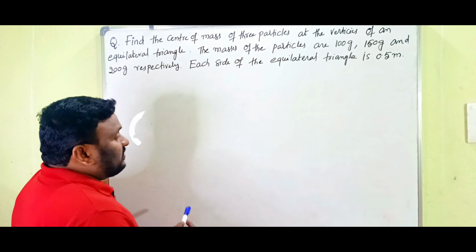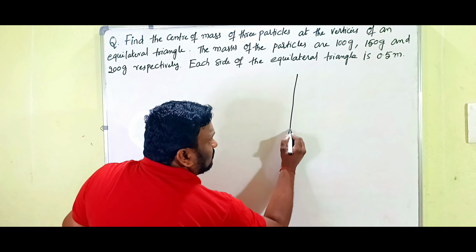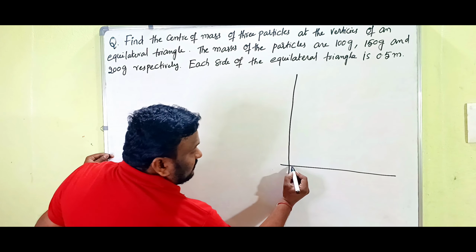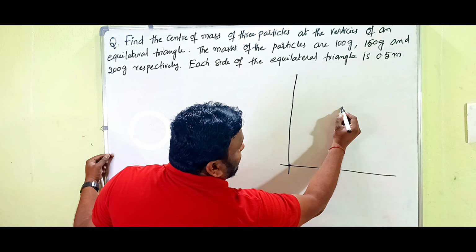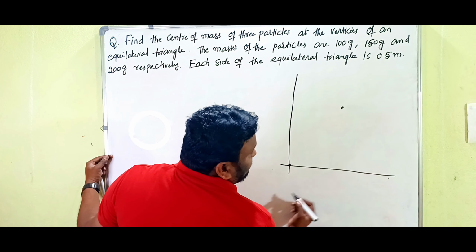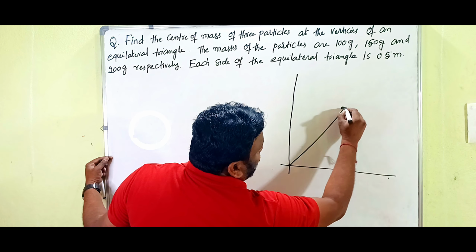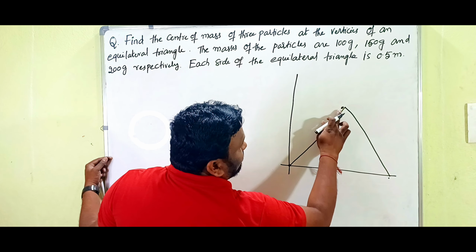So children, here this is the xy plane. Here is one particle, and there is another particle here, and another there. If we join them, we get one equilateral triangle.